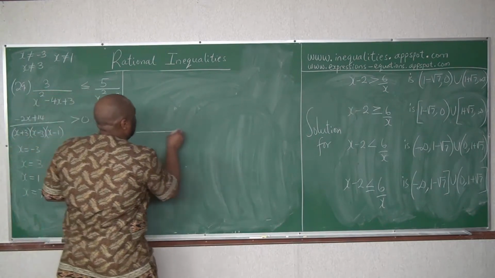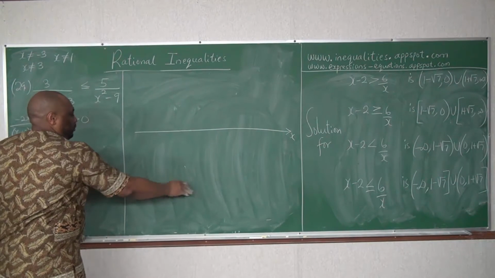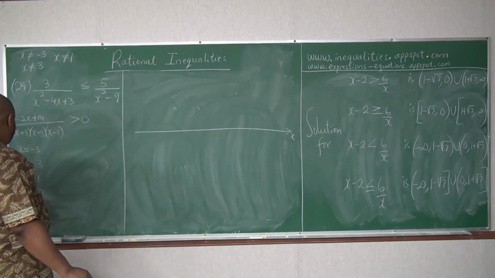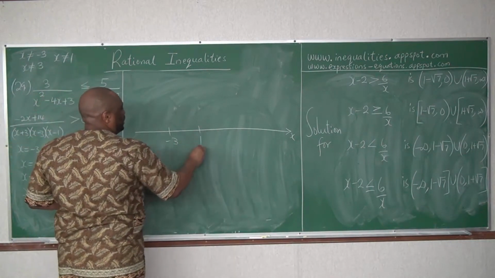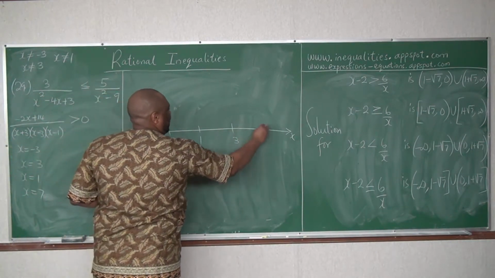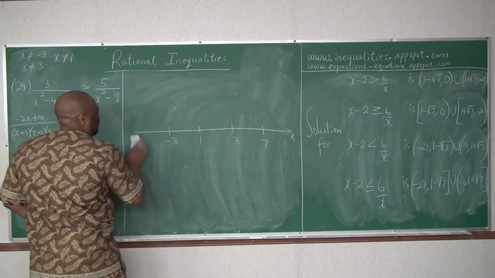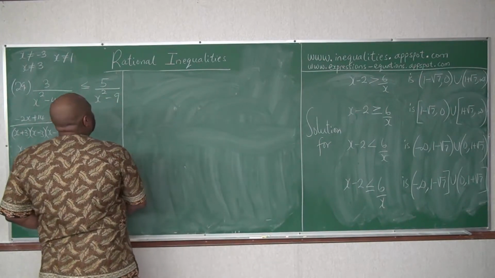So, we got a number line. We have x equal to negative 3, x equal to 1, x equal to 3, x equal to 7. And let's space it well.